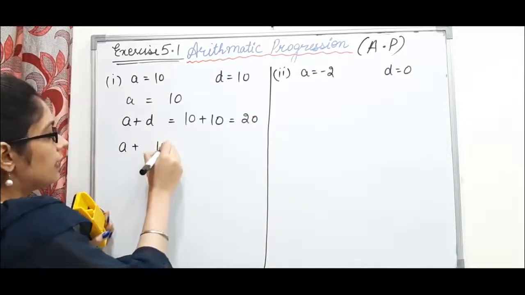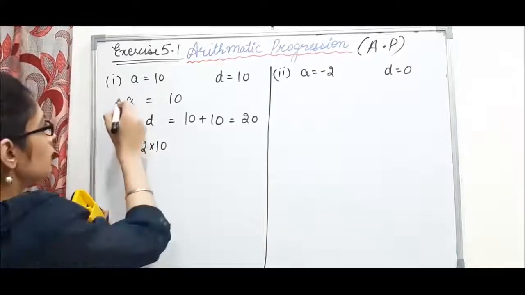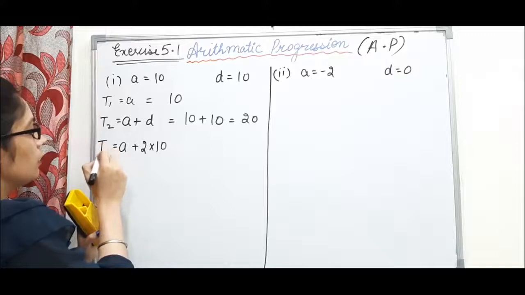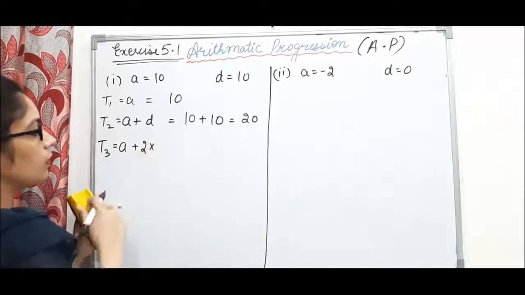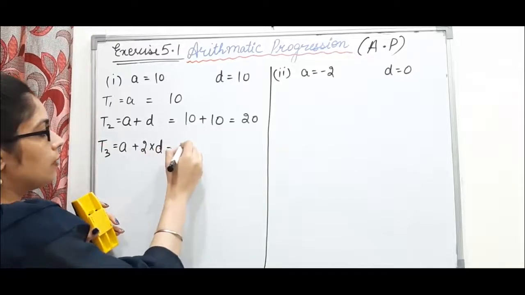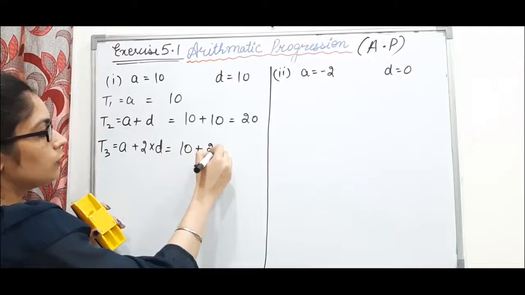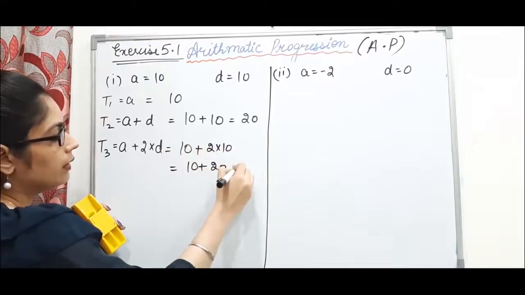So, d is 10 and it has to be multiplied by the previous number, which is 2. This is the first term, this is the second term and this is the third term, a plus 2d, 10 plus 2 into 10, which is 10 plus 20, equals 30.